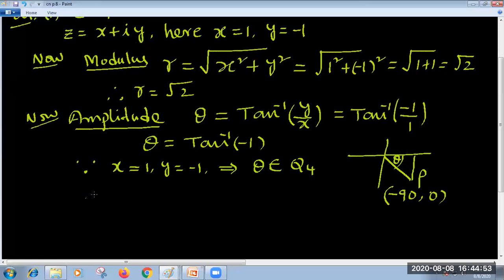So here the angle will be theta is equal to minus pi by 4, that is minus 45 degrees. This is the amplitude of the given complex number.